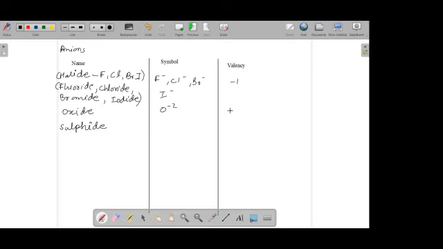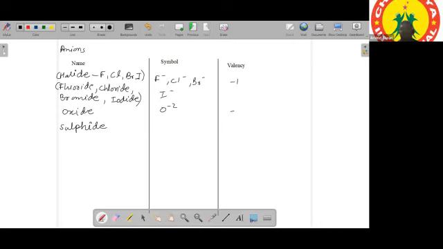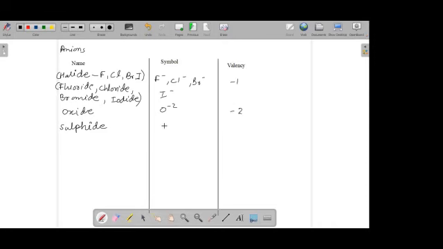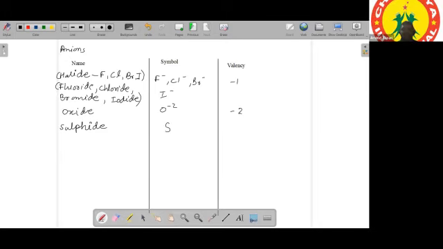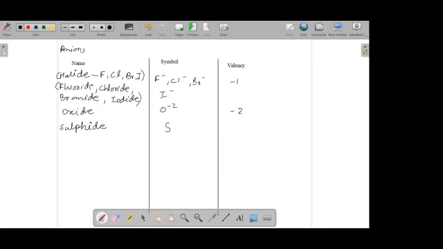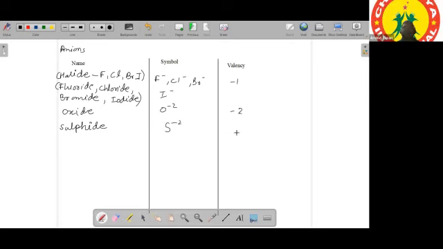It's -2. Okay. Sulfide, symbol is S. And what is the valency? -2. Oxide and sulfide both have valency -2. Okay. They belong to the same group.